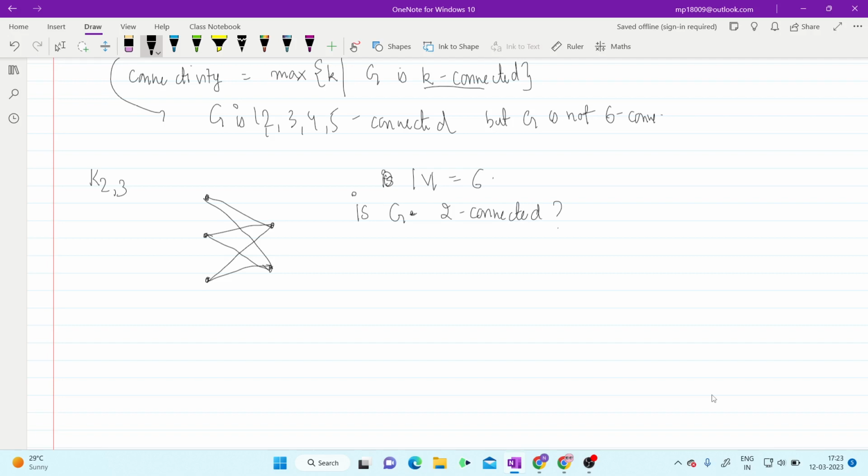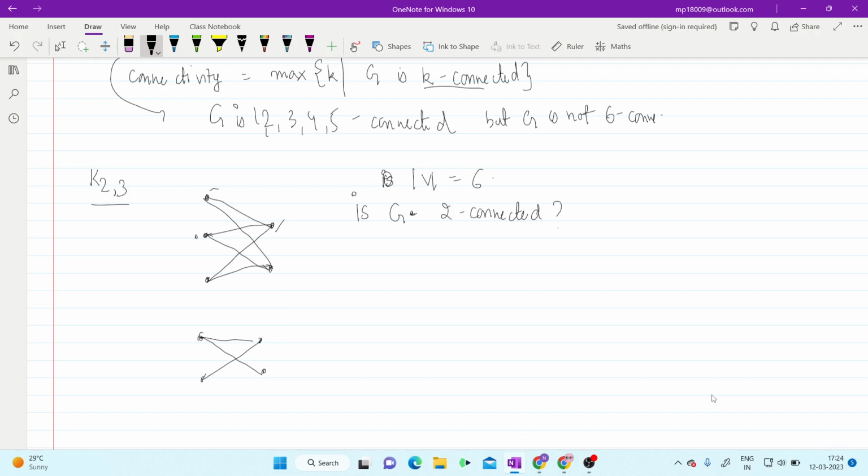Okay. Why? If we remove any one vertex, this graph remains connected. Because this is a complete bipartite graph, if we remove just one vertex from here, all the remaining vertices are still attached, since it is complete, to every vertex in the other bipartition.